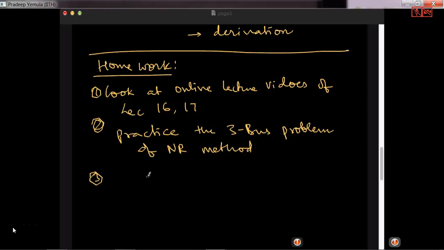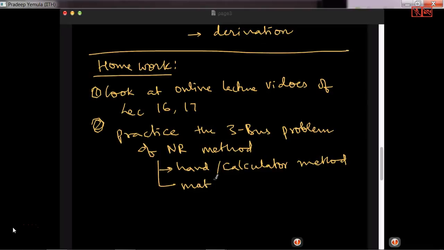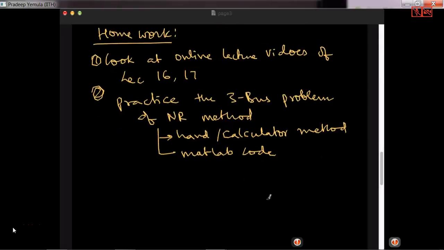When I say practice, you can do it both ways: by hand or calculator calculations, and you can also do it using MATLAB code. The code is available on the home page. You can download the code, open it on your computer, run it and check.